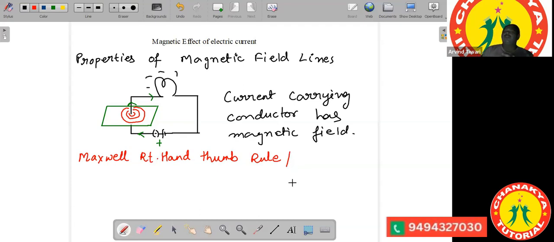So how to find out using this? Using this law, as the name suggests, you have to use your right hand, and it's a thumb rule, so there is a role of the thumb. How to find out the direction of magnetic field lines?